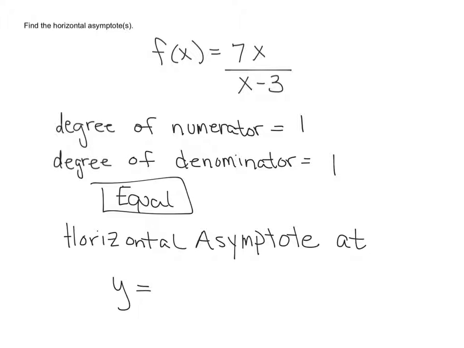So the leading coefficient of the numerator is the value next to the x, which is 7, and I'll divide that by the leading coefficient of the denominator, which is a 1. So I have a horizontal asymptote at 7 divided by 1, which is 7. And that means that my line is y equals 7.